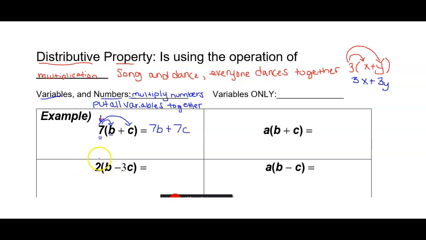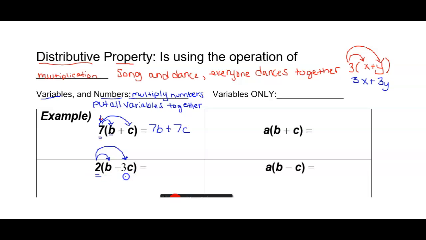Now let's go to example number 2. In example 2, guys, look at that. I got a 2 on the outside, and it's going to dance with my b, but look, it's also going to dance with, and we got to be careful, a negative 3c.